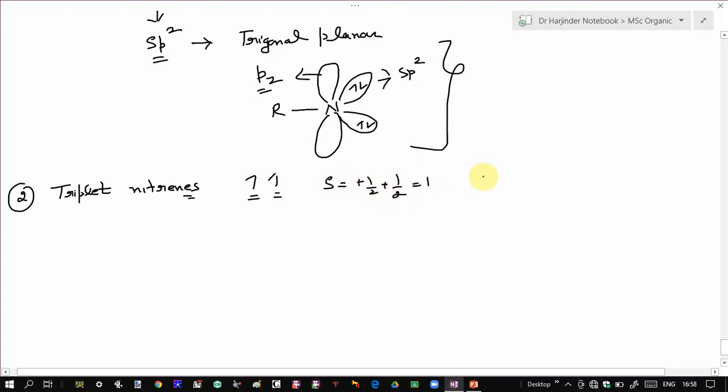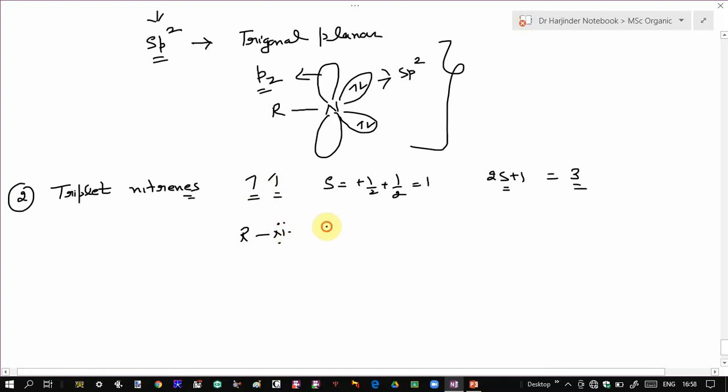So spin multiplicity will be given by 2s plus 1. So s is 1 over here, so it will be 3. So that's why it is called triplet nitrene. Now in case of triplet nitrene, in order for both electrons to have a parallel spin, they must be present in a different orbital, because in the same orbital two electrons can't have the same spin, so they must be present in different orbitals of same energy.